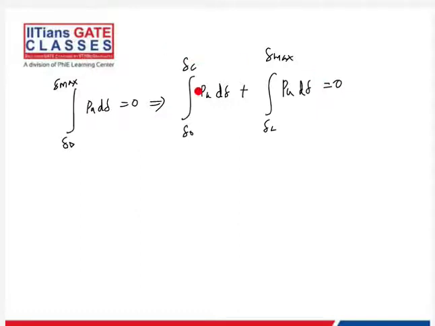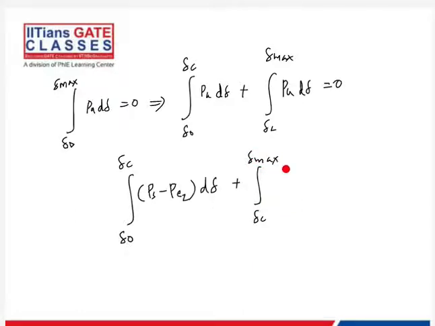Now what is this between this point? It would be the integral from delta 0 to delta C of mechanical input minus EM2 sin delta, right? So this is the fault condition, d delta. And what is here is delta C to delta max.